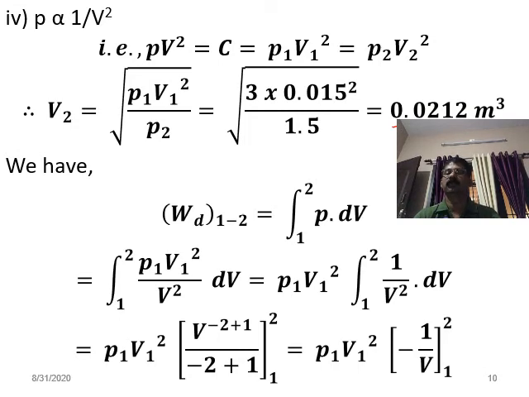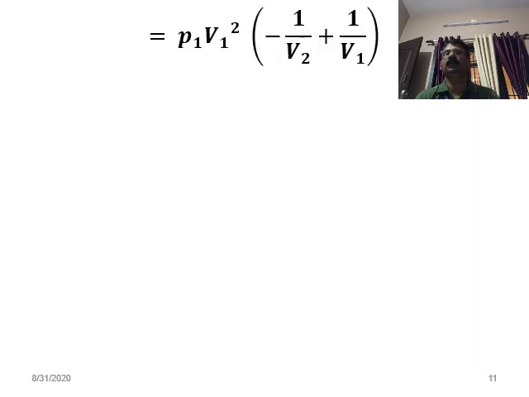So V to the power minus 2 plus 1 is V to the power minus 1. When it comes to the denominator, it becomes minus 1 by V. All these things you better take a sheet of paper and work out. Now apply the limits. P1 V1 square, when I apply the limits, you will get minus 1 by V2. Minus of minus becomes plus 1 by V1.